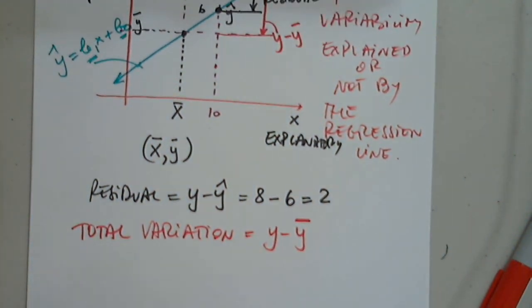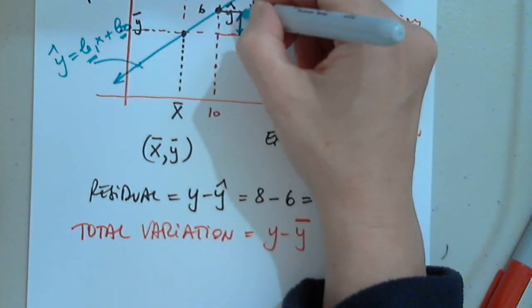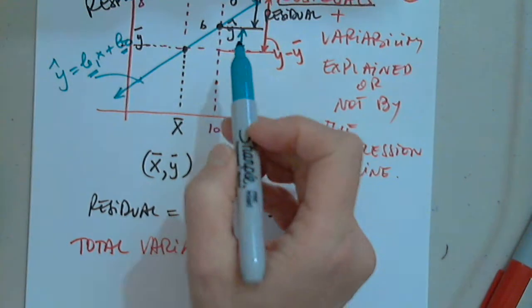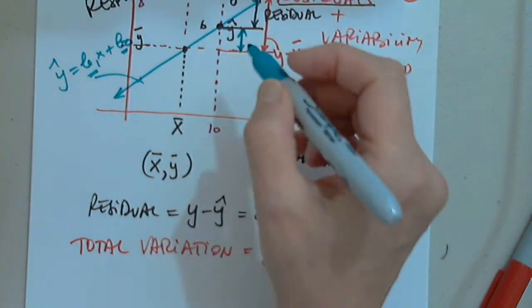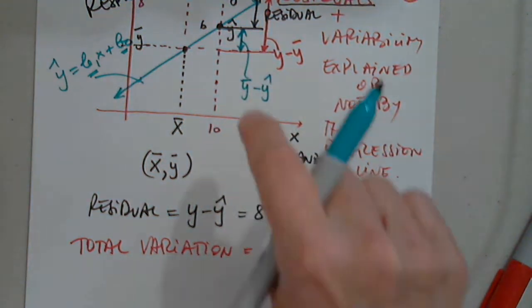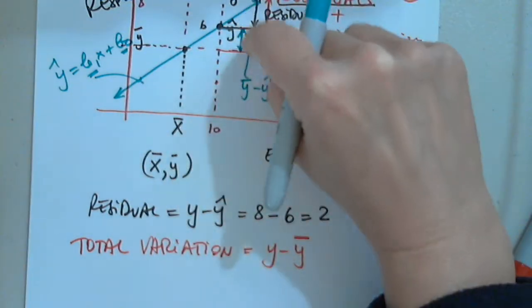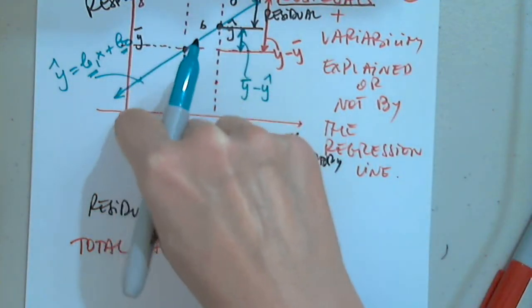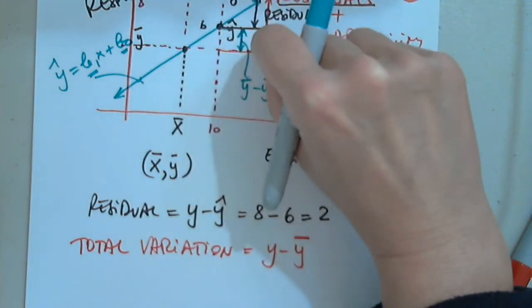Okay, this is the last piece that I want to talk about. What is this piece? It is y hat minus y bar. This piece is the variation explained, the variation in the response variable explained by the regression line.